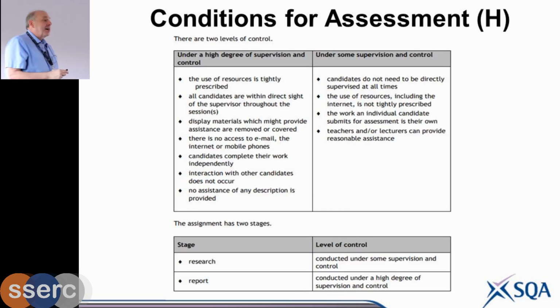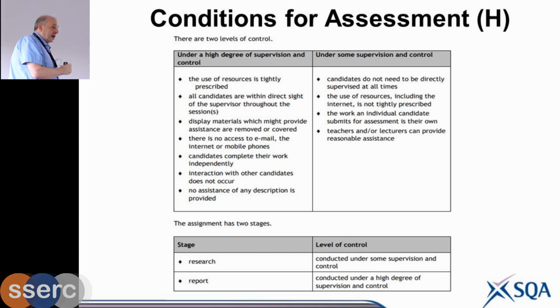The difference for Higher comes at the report stage, in that it is done under exam conditions, maximum of 2 hours for the write-up, unless it's a candidate with additional needs. If you've got candidates who in the exam are entitled to extra time, then that would apply to the write-up of the assignment too.